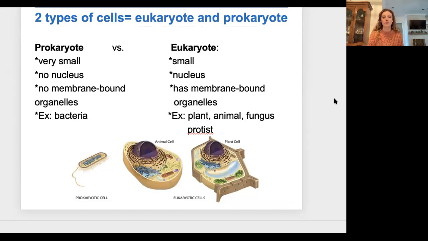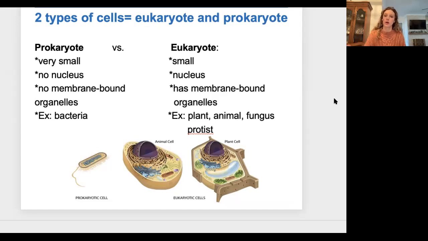An example of a prokaryotic cell is bacteria. And then we have eukaryotic cells. So the right side of your T chart is going to be eukaryotes. Eukaryotes are still small. Cells are still itty bitty, okay? Prokaryotes are just smaller than eukaryotes. Eukaryotes, you have a nucleus.